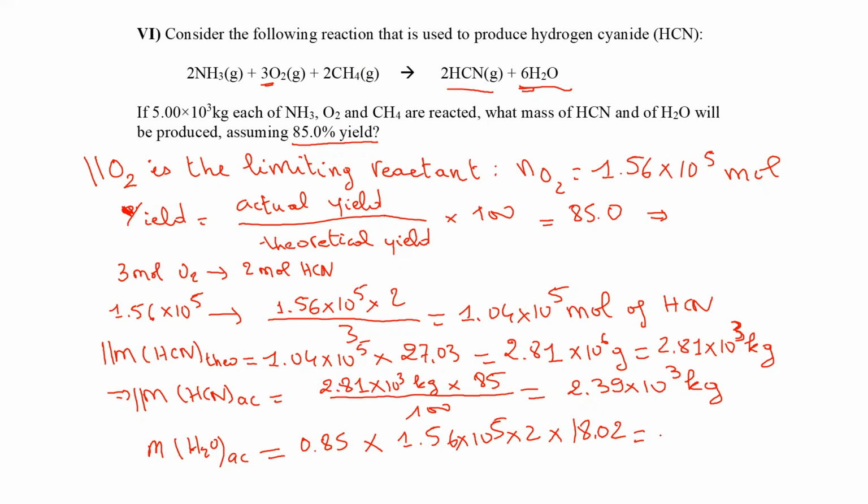And this is equal to 4.78 × 10^3 kilograms. Okay, so we can calculate our mass of water like that.